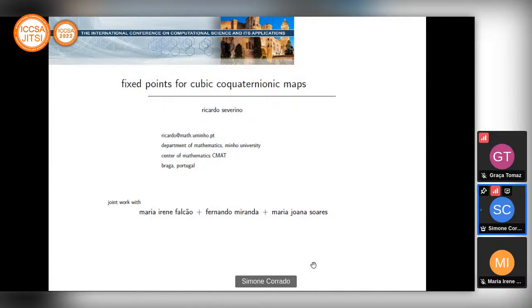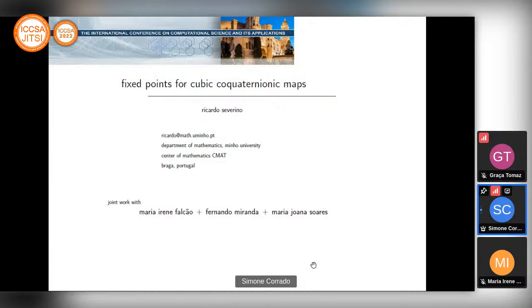Thank you very much. The title of my talk, well, my intention is to talk about cubic quaternionic maps. The idea is to talk about dynamical systems over quaternions.